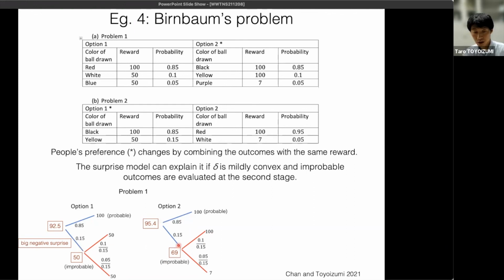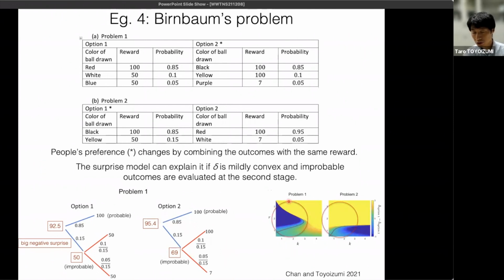But that effect is milder in option two when the same outcome is split into the first branch and second branch. Because of this segregation effect, there is a reasonable parameter range found according to the model where the model suggests people taking option two for problem one and option one for problem two. If the nonlinearity is not so steep and if the loss aversion is not that strong, then the model cannot account for that.